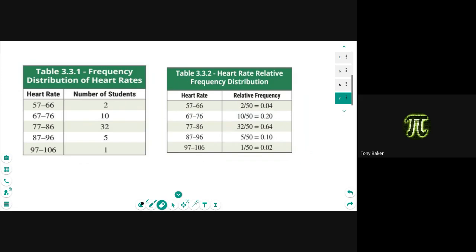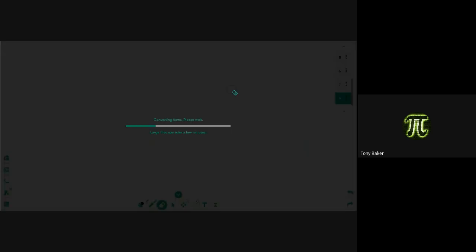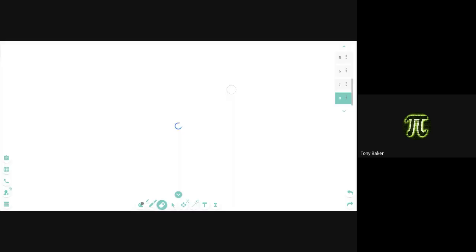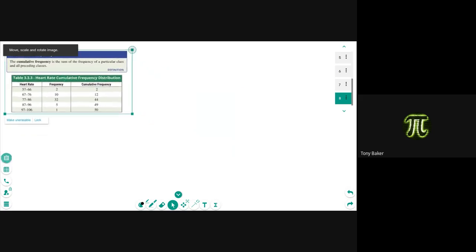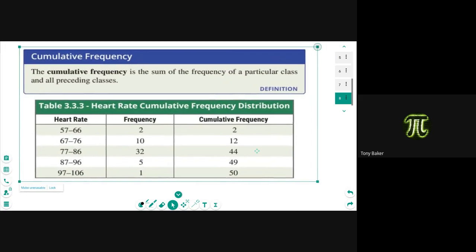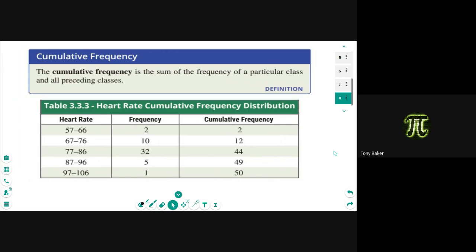All right, there are 2 others, which are quite simple to do. The next one is a cumulative frequency table, which is literally just the sum as you're counting up.